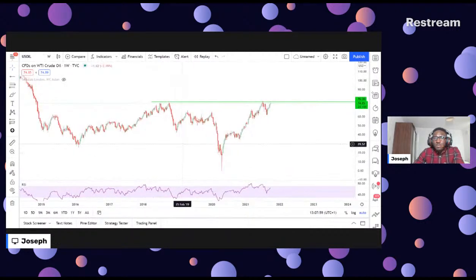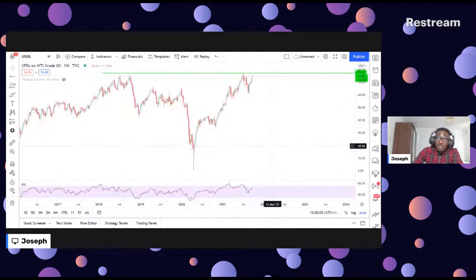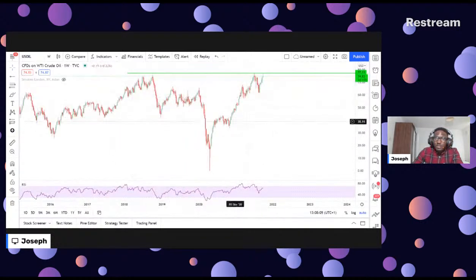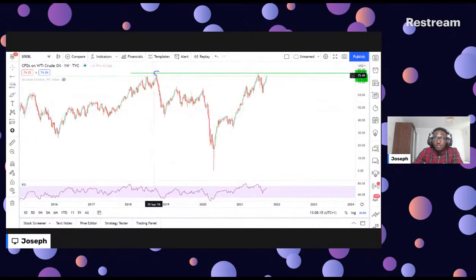So this is somewhere where it's almost impossible for me to give you a prediction. If I was to make a prediction based on the structure I'm seeing, I would tell you that the market is likely going to respect these two structures here. It is coming down here.